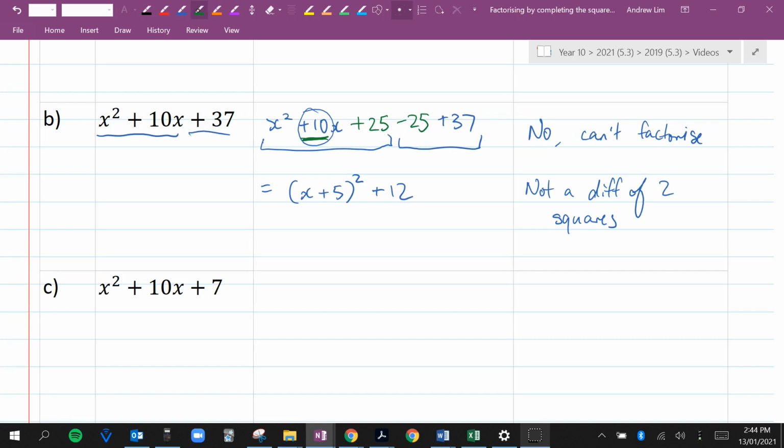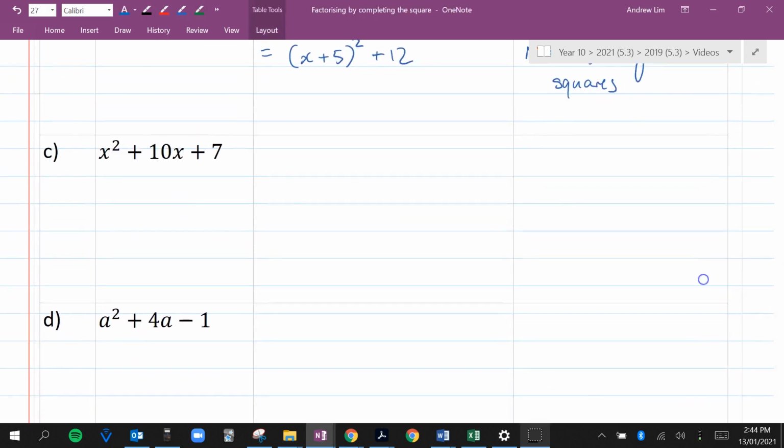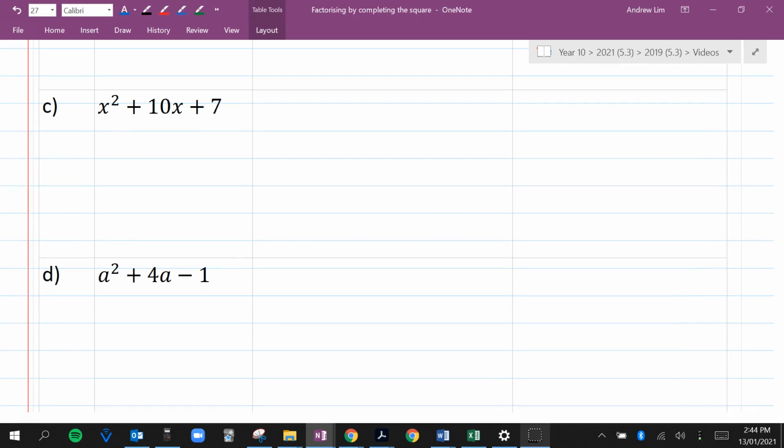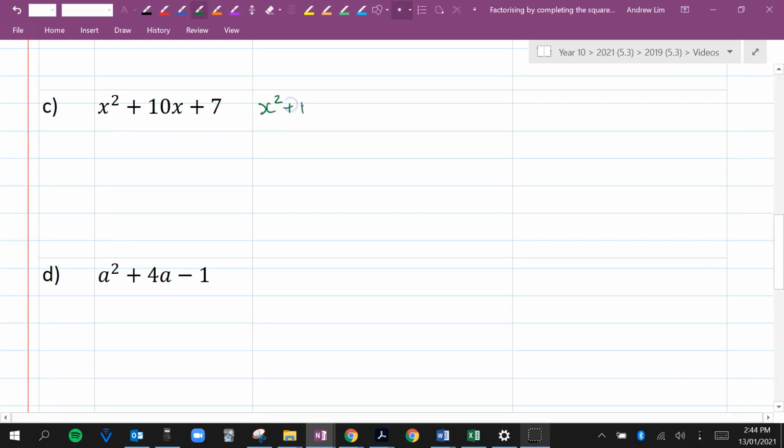What about question C? We've got x squared plus 10x plus 7. So I'll take my first bit, halve my 10 and square it, which is 25. But I still need to write my plus 7.